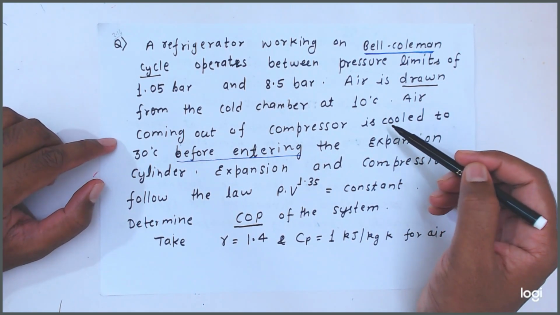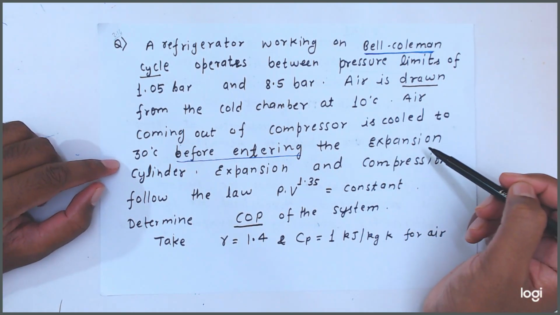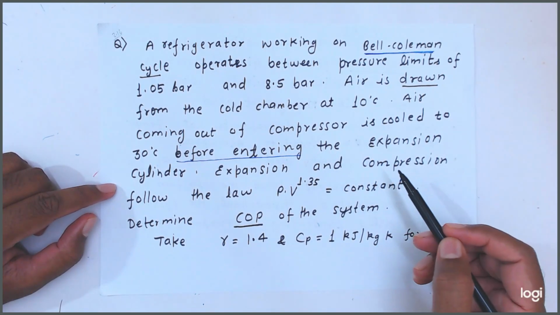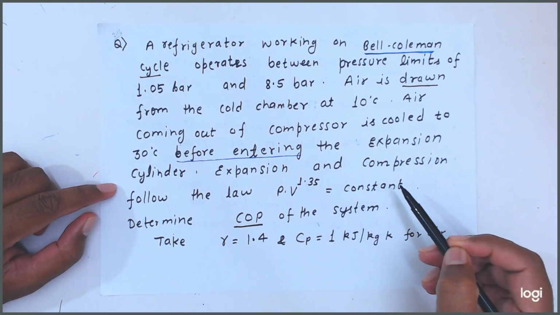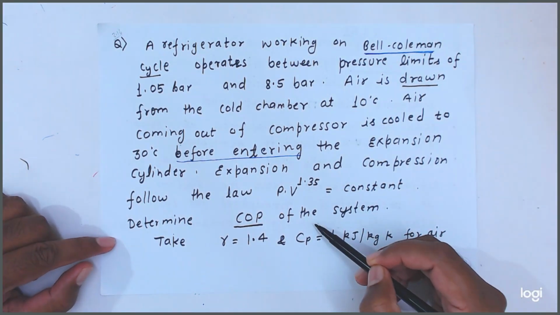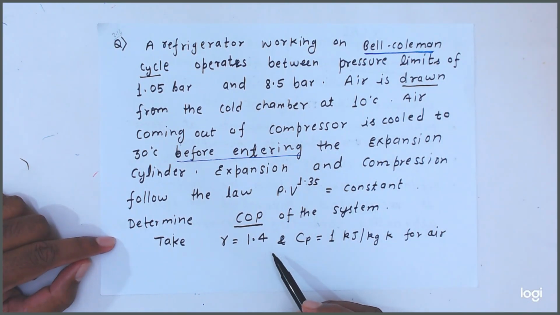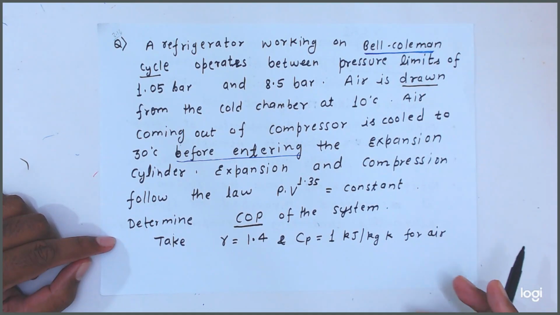Air coming out of the compressor is cooled to 30 degrees centigrade before entering the expansion cylinder. Expansion and compression follow the law PV to the power 1.35 equal to constant. Determine the COP of the system. Take gamma equal to 1.4 and Cp equal to 1 kilojoule per kg Kelvin for air.